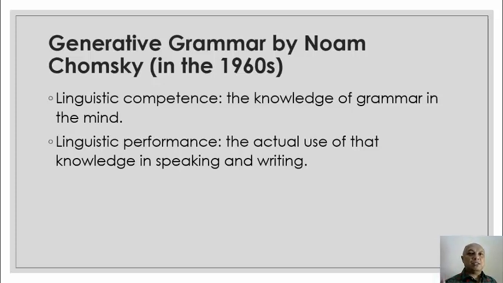Linguistic competence is something that you cannot see because it's very abstract. It is the abstract knowledge of grammar that resides in the mind, and that enables us to produce linguistic performance. Linguistic performance itself is the actual use of those rules in order to produce speech or written form.